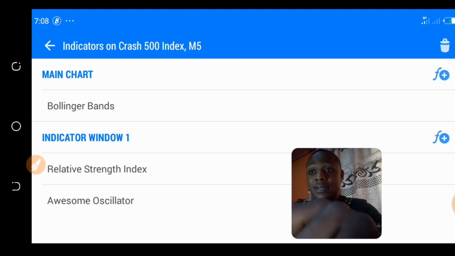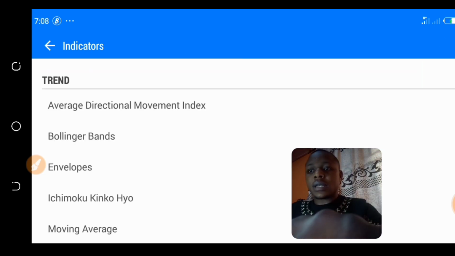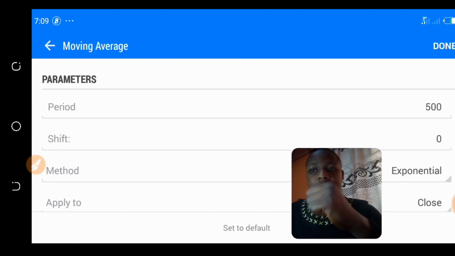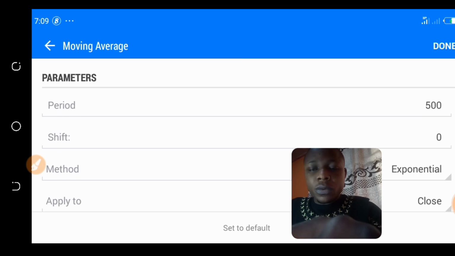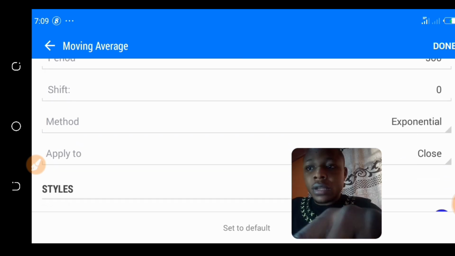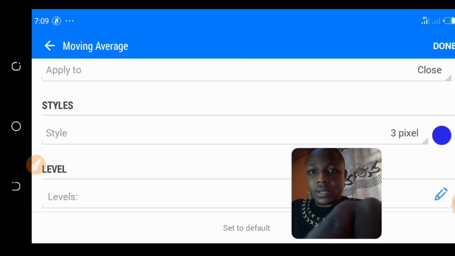So let's add EMA. Let's start from the top. Let's start adding the moving averages. Let's add EMA 500. What I mean by EMA 500 is the period will be set to 500, shift 0. The method will be exponential, then apply to close. Then you can set your color.